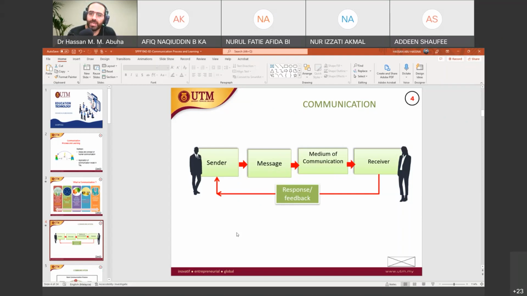But there are so many theorists that claim that there are much more variables than these three, which are the message itself and the media that we actually transfer the message through, and then the feedback from our students. Now, when we talk about the sender, we're talking about the one who has the information or who has the knowledge, mostly the teacher, okay?